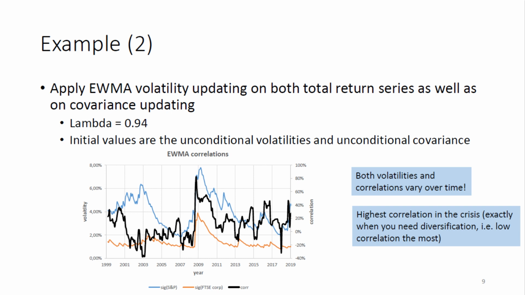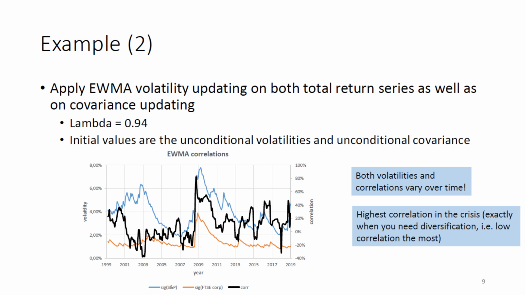So we see that initially in periods like 2001, 2003, this correlation between the two series is even negative, minus 20%. Then for a certain moment it's close to zero.